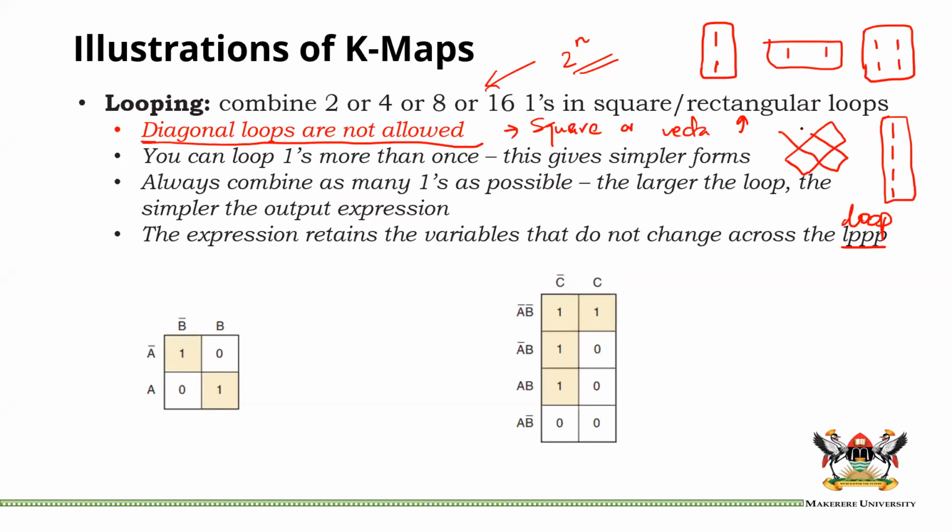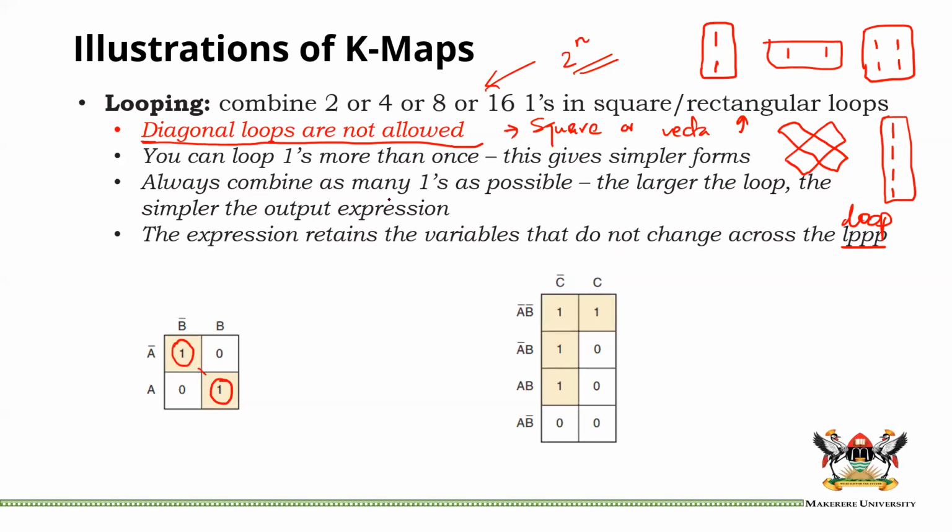I see people sometimes do that, and I know they don't attend class, so that's why they loop like that. Now this one is adjacent to that one, but if we were to loop them together, they would be diagonal, and that is not allowed. So we can only loop that one together, and we can loop that one together.